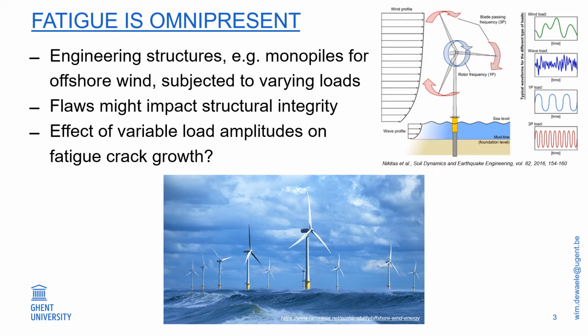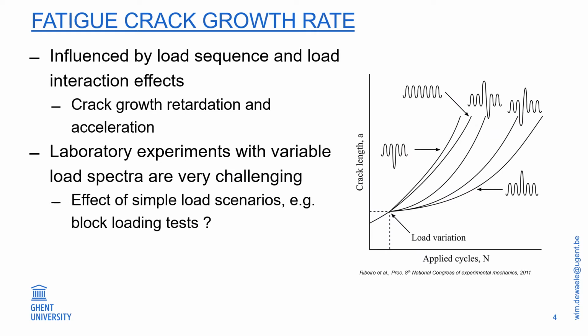We know also that in steel specimens and in welds there might be some flaws present, which might impact structural integrity. So we want to know what is the effect of variable load amplitude on fatigue crack growth. In literature, one will find different studies that focus on the effect of so-called overloads or underloads in an otherwise constant amplitude load spectrum on the evolution of crack length in a specimen.